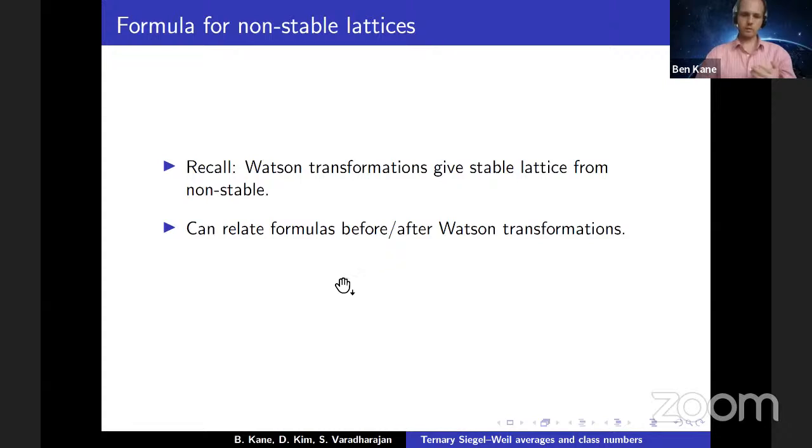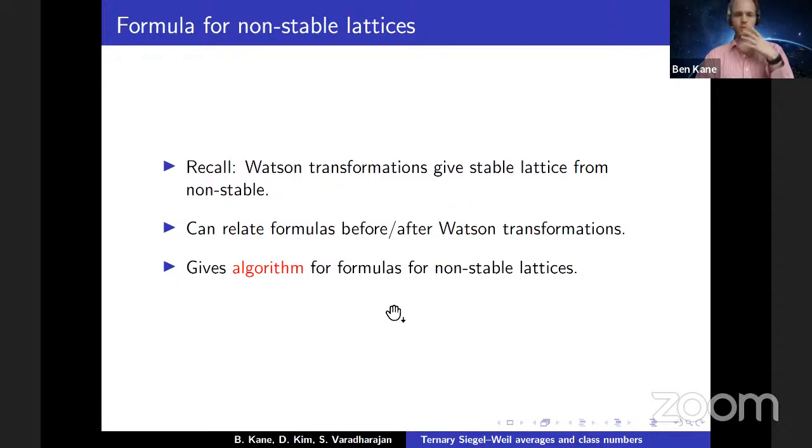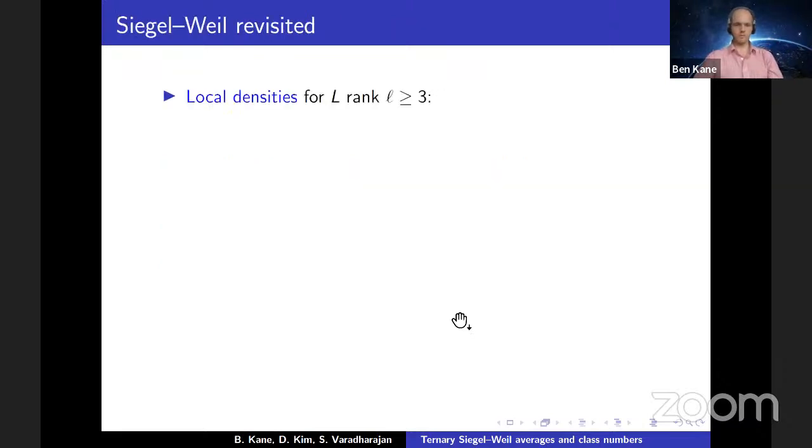And then what we'll do is we will relate the formulas before and after taking the Watson transformations to get these kind of class number formulas. And this will give us an algorithm for formulas for non-stable lattices, but it won't be a formula I'll just write down in one step. It's not as straightforward as the stable lattice case. It's going to be some linear combination of those.